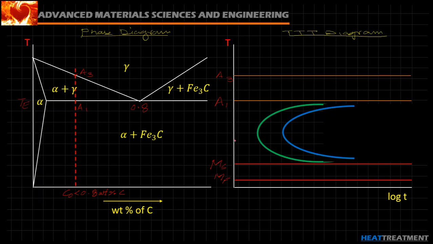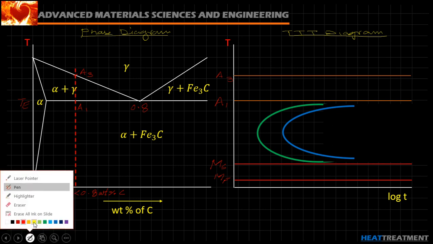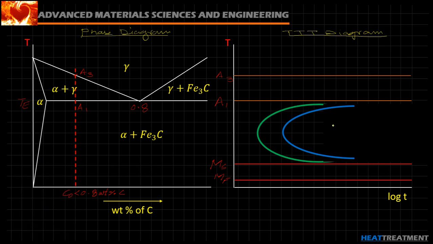Then we have two corresponding transformation C curves, just like for the eutectoid steels. And behind these curves we have the alpha plus Fe3C.